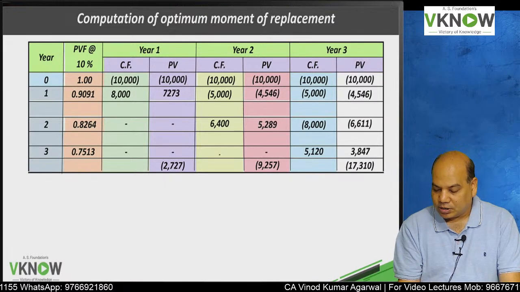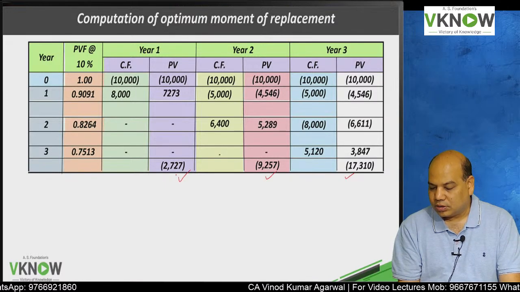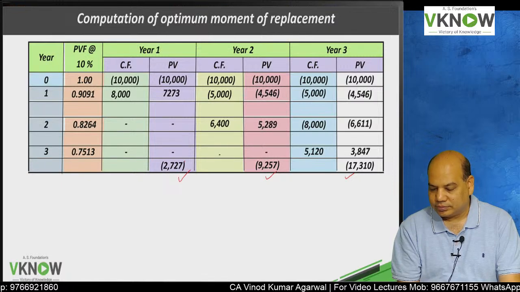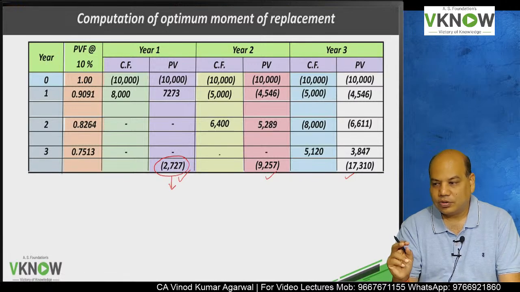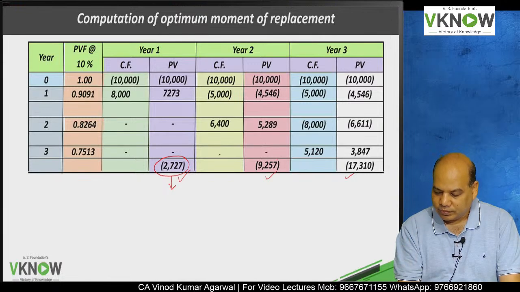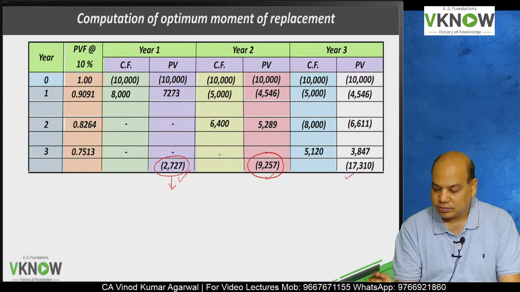If you compare these numbers, you will say year 1 is better, but if you compare these numbers, they are not comparable. Here you are getting the benefit of moped only for 1 year. Here you are getting the benefit of the moped for 2 years.